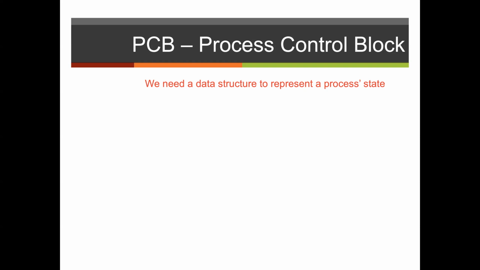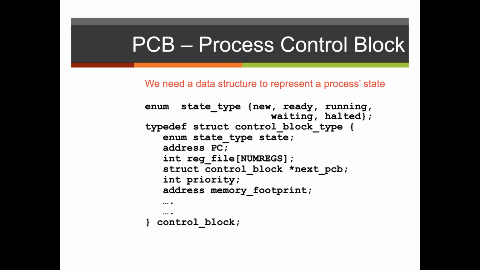So what we would come up with is a structure that is going to be called a process control block. And so what exactly is a process control block? It's a way for us to account for the current state of a program.